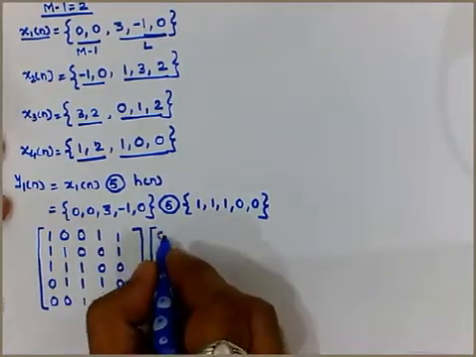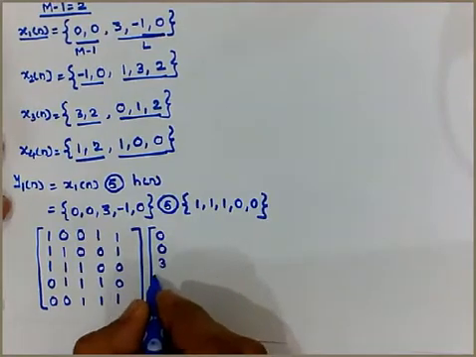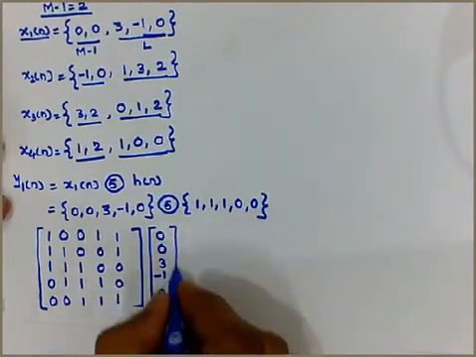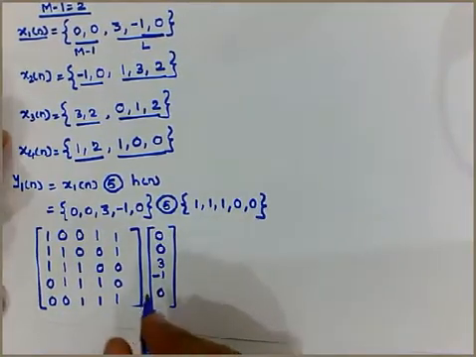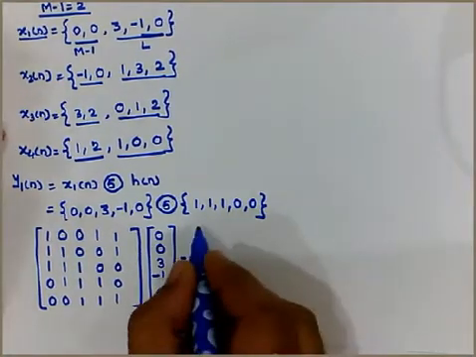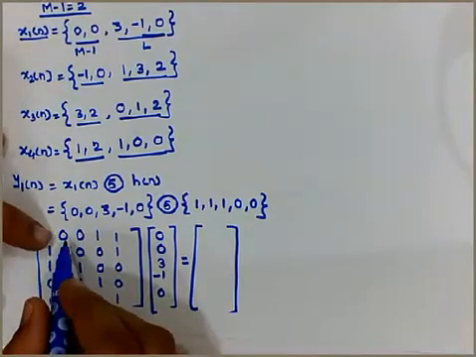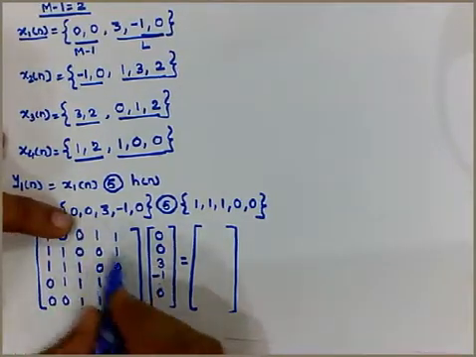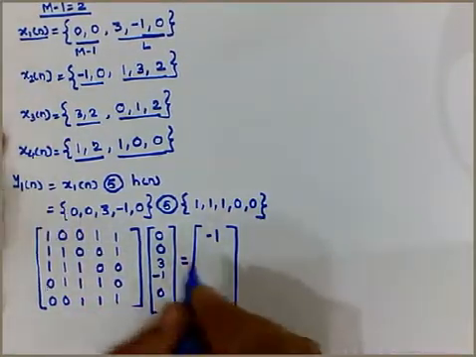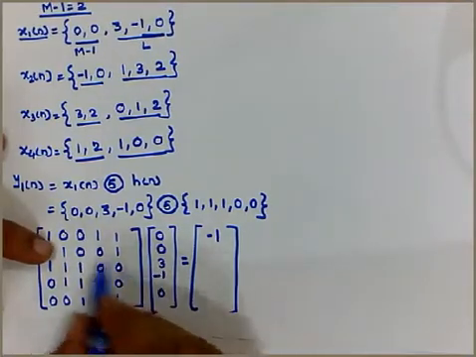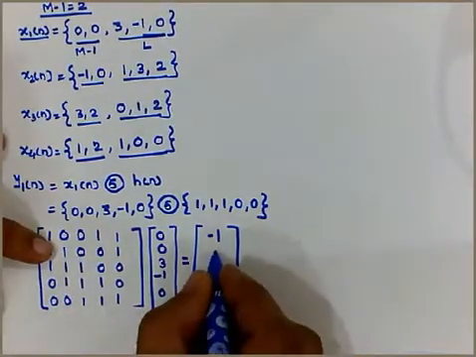Multiply it to this 0 0 3 minus 1 0. So after multiplication it will give the values. Let's check it. This is 0, 0, then it is minus 1, and this is 0, 0, 0 and 0. This is 0.